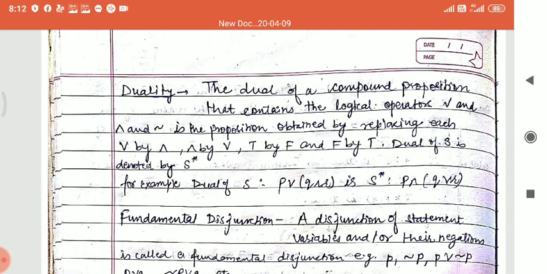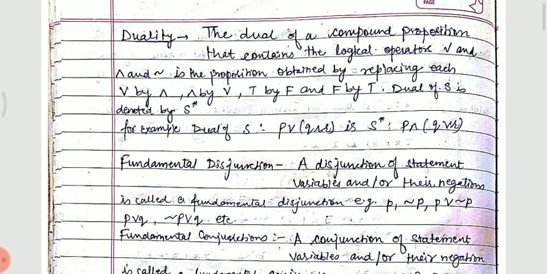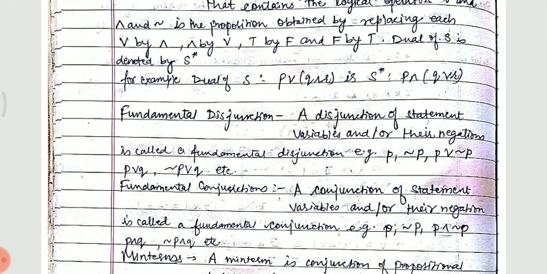But in that case also the complement of a set remains a complement, so in this case also negation stays negation, it will not be changed. Fine. Next we are doing fundamental disjunction. Now we are heading towards the canonical form, so these are very important basic things.